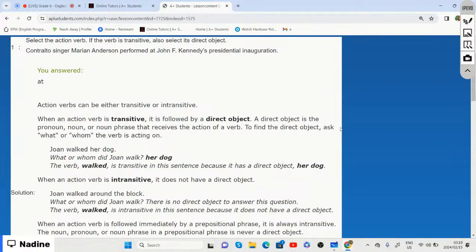A direct object is a pronoun, noun, or noun phrase that receives the action of a verb. In order to find the direct object, we need to ask ourselves what or whom the verb is acting on.